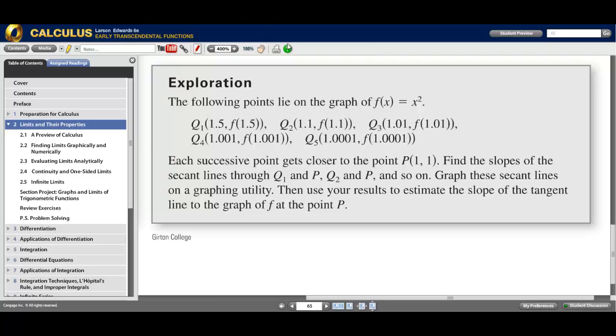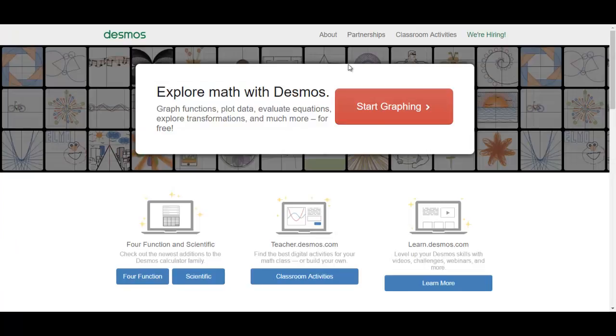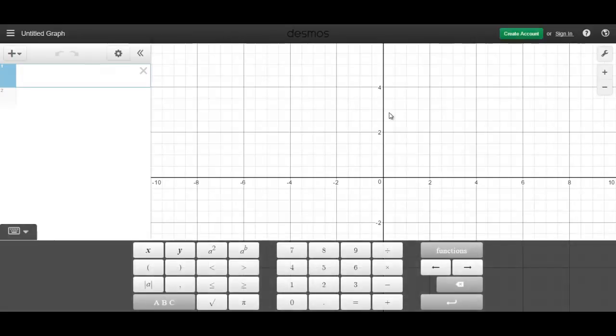So let's first plot f of x and see what's going on. Go to Desmos. I have it pulled up here. Just go start graphing. First of all, we need to define a function. Since the textbook called it f of x, let's call it f of x. So f of x equals x squared.